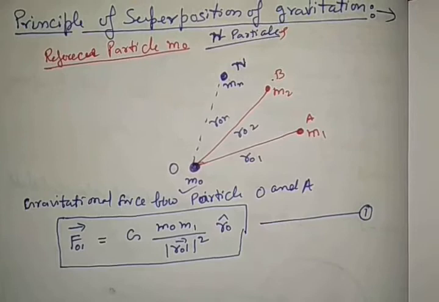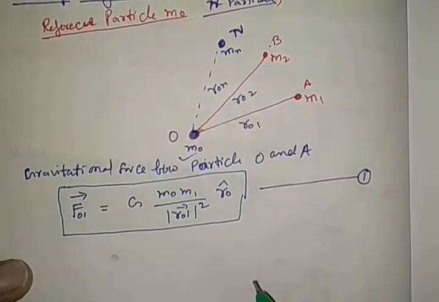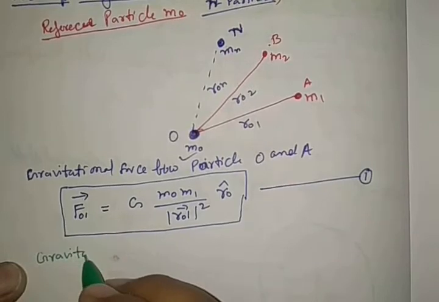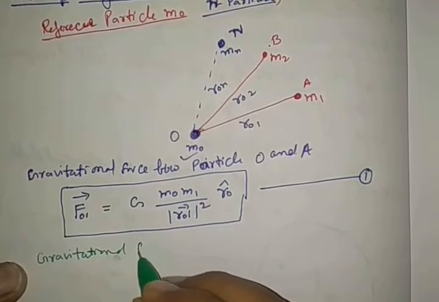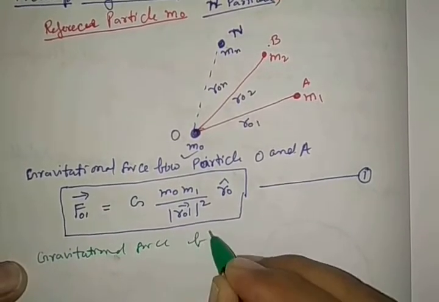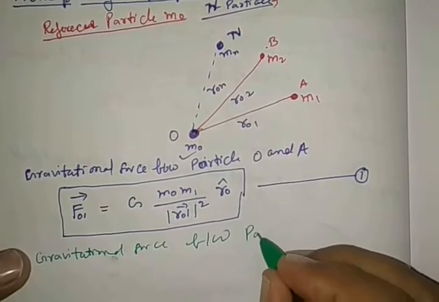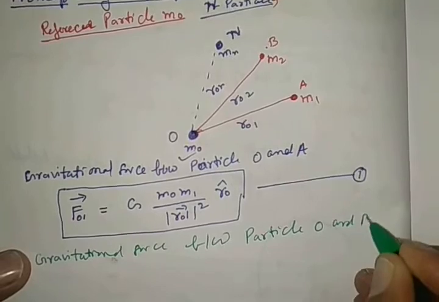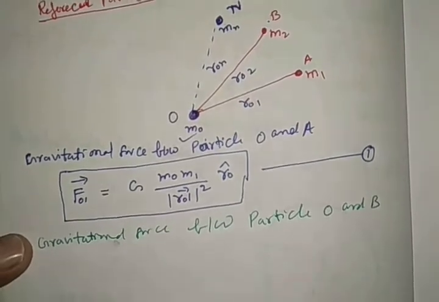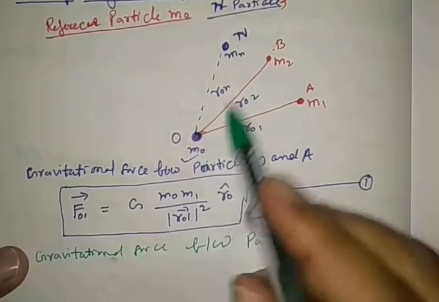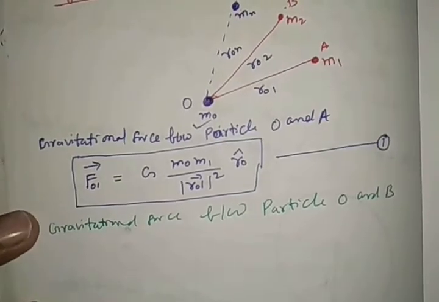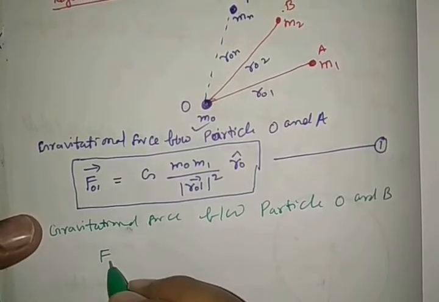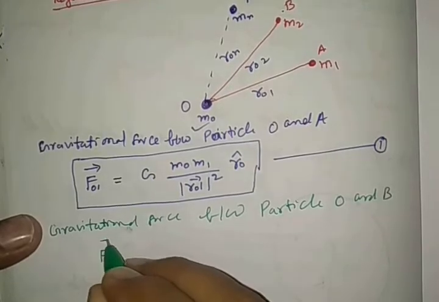Similarly, we can calculate gravitational force between particle O and B. This is in the diagram, O and B. What is the force? This force we are going to represent by F02.